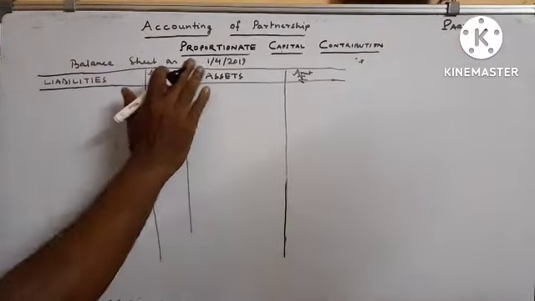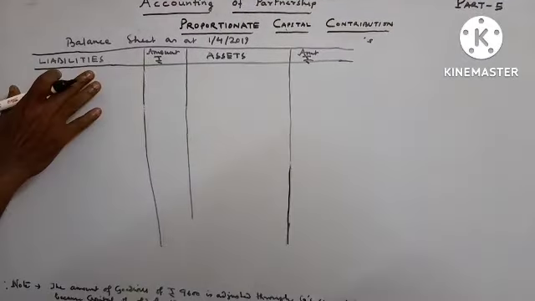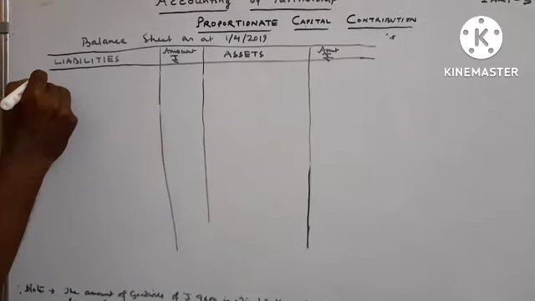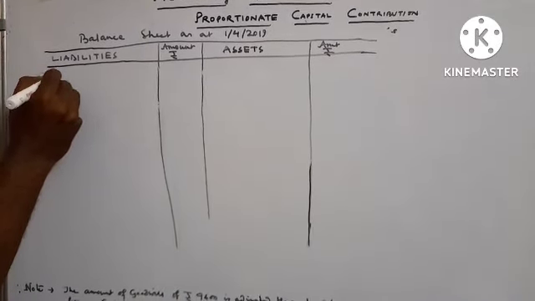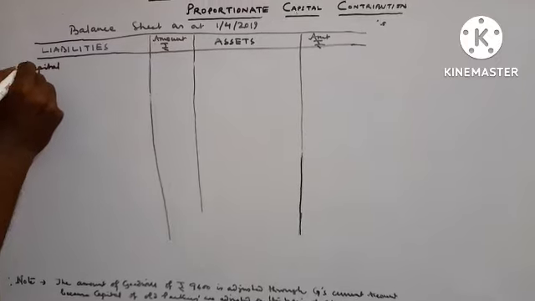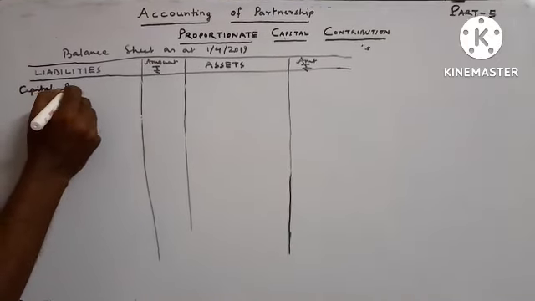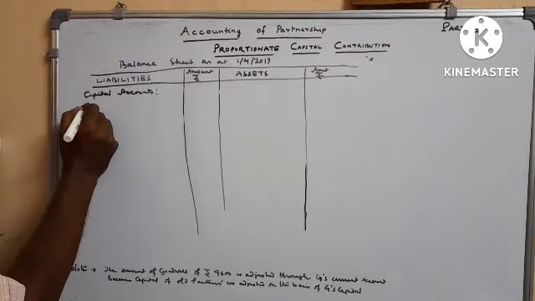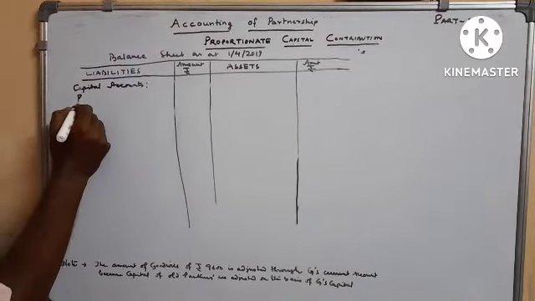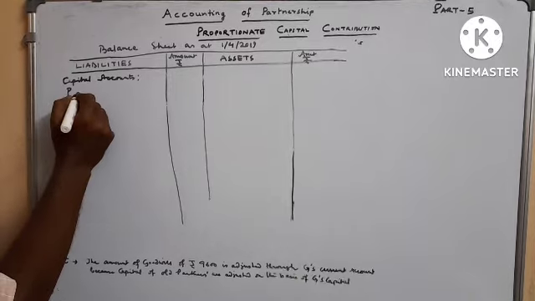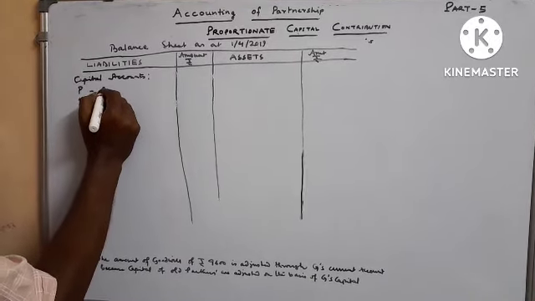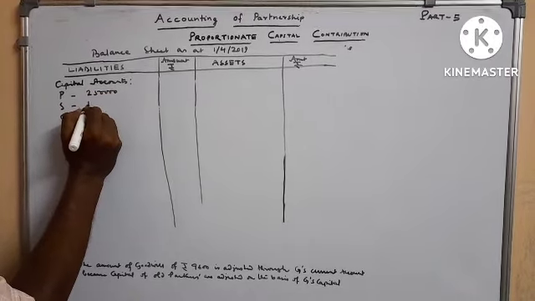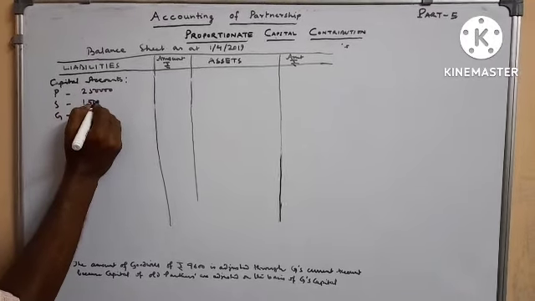Now balance sheet as at 1/4/2019. Liabilities, assets. In liability side, first we will write capital accounts. P, S, G. P how much? 2,50,000. S how much? 1,50,000.